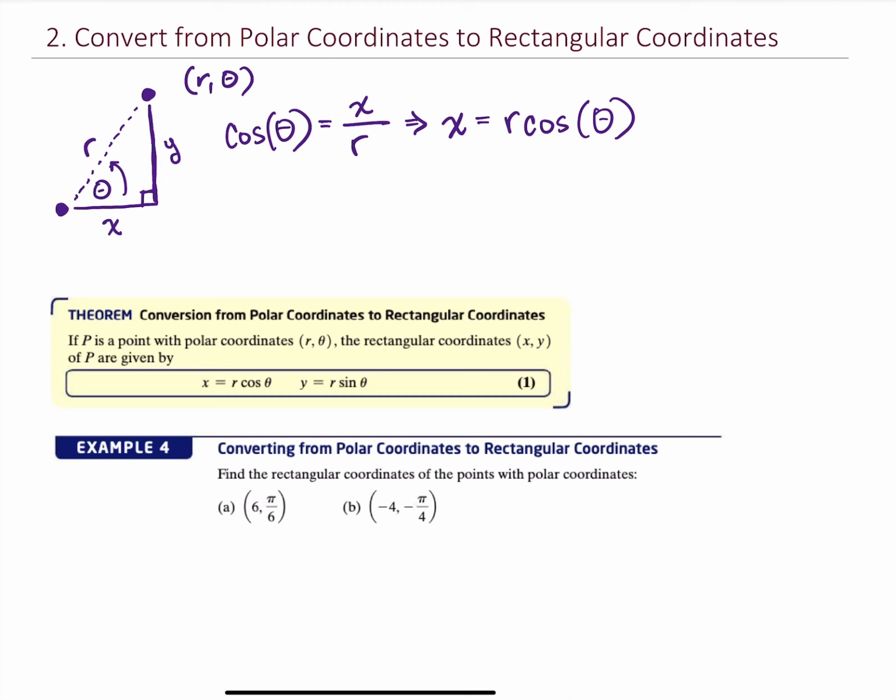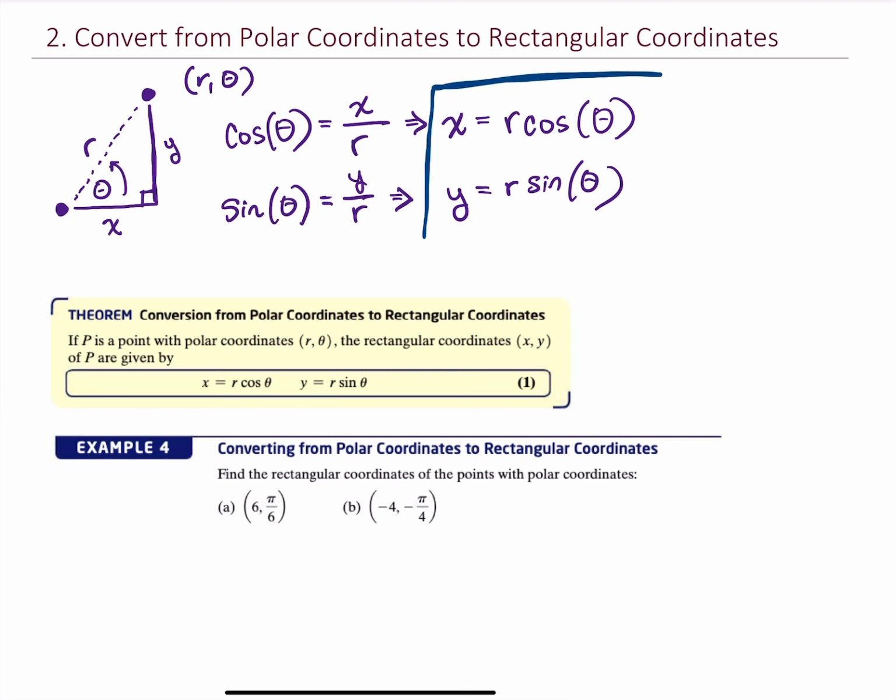We can do the same thing with the sine. If we say that the sine of theta is opposite over hypotenuse, so that would be side length y over r, and solve for y, we can say that y will equal r times the sine of theta. So we get this conversion.